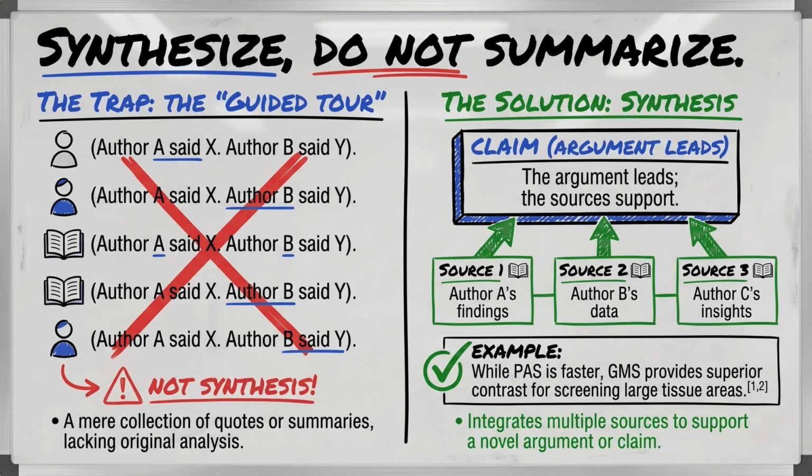It's about showing how different pieces of information connect and contribute to your overall thesis. When you synthesize, you're creating a new narrative from existing knowledge, demonstrating your critical thinking and understanding of the field. This is how you move from being a reporter of information to a generator of new insights. This ability to synthesize will be crucial as we next discuss how to articulate these insights with a scientific voice.